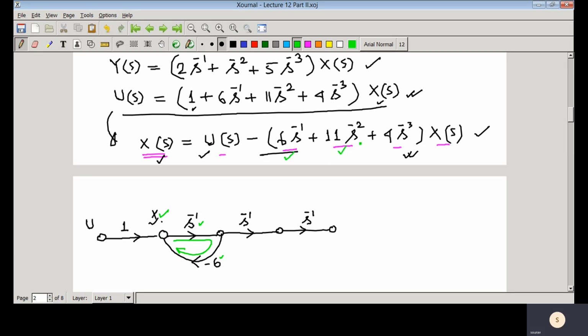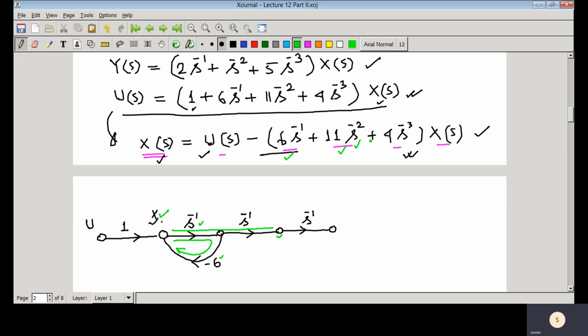What about the second term? Minus 11 s square. Now if you come to this particular node, then you can see that here that would be s to the power minus 1 into s to the power minus 1. So that means double integrated, 1 by s square.